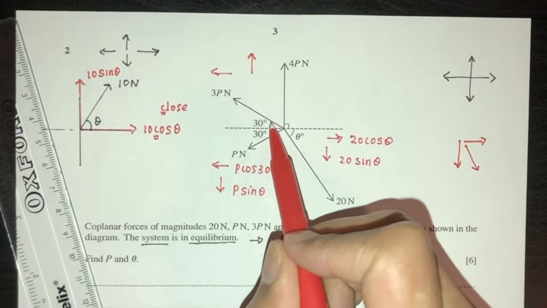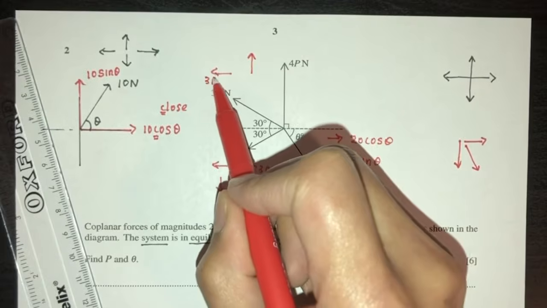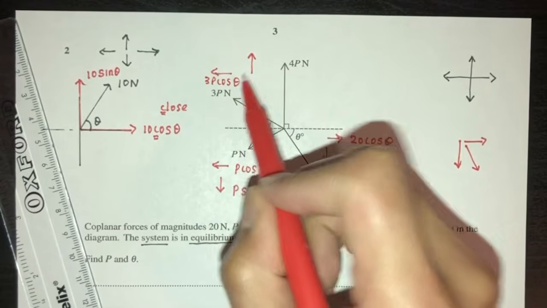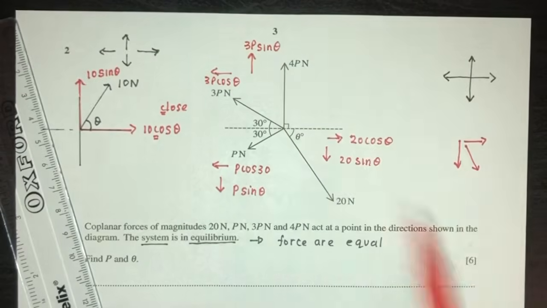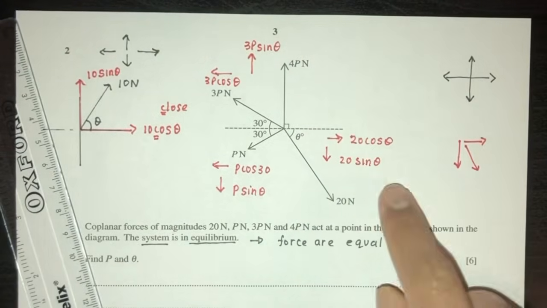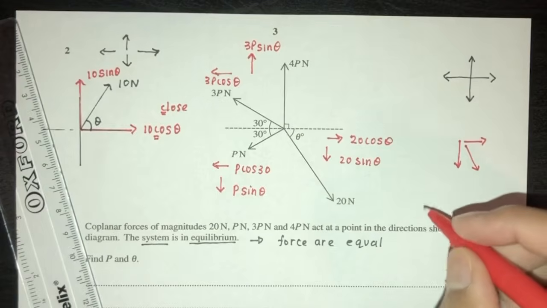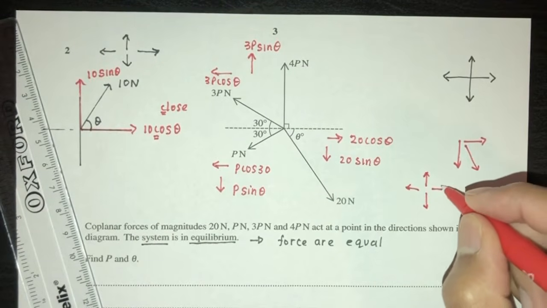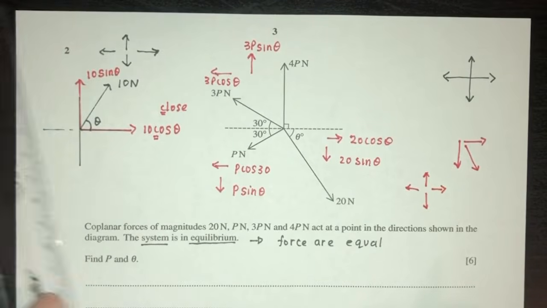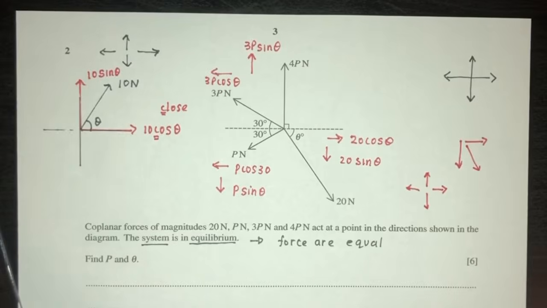So the one close to the angle will be 3p cos of theta, and this one will be 3p sine of theta. Right now, by doing that, we only have forces acting down, up, left, or right. In that way, we can evaluate these forces and find the value of P and theta.